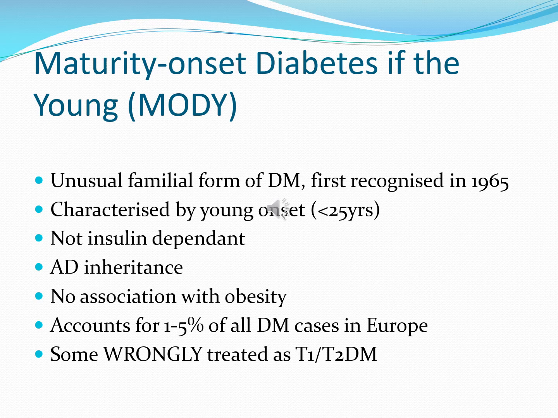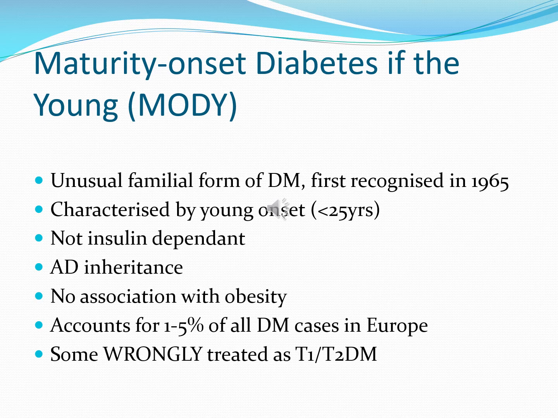It's characterised by a young onset, less than 25 years of age. It's not insulin dependent. It's autosomal dominant inheritance. No association with obesity, and potentially accounts for 1 to 5% of all diabetes cases in Europe, which, given the prevalence of diabetes, means it's relatively common.